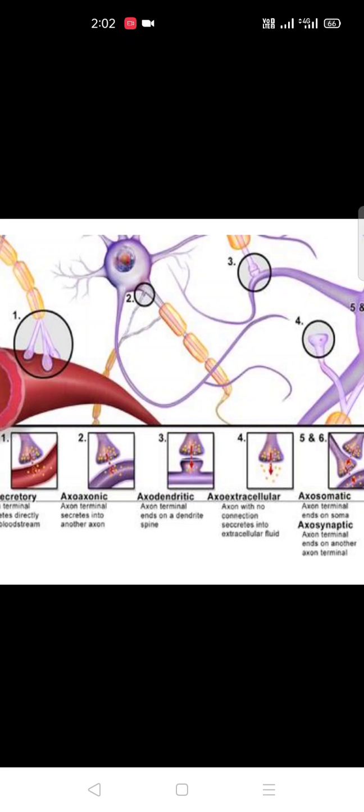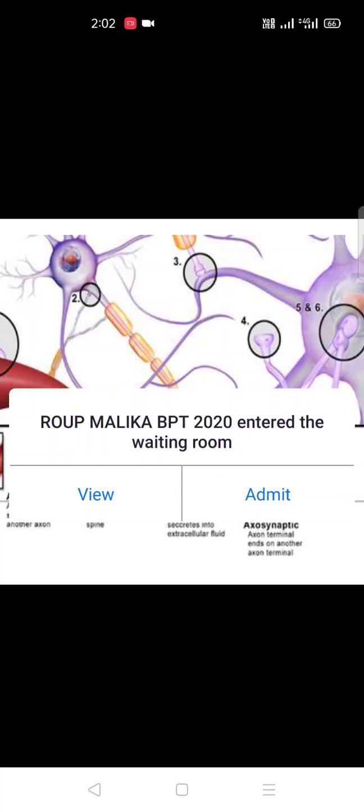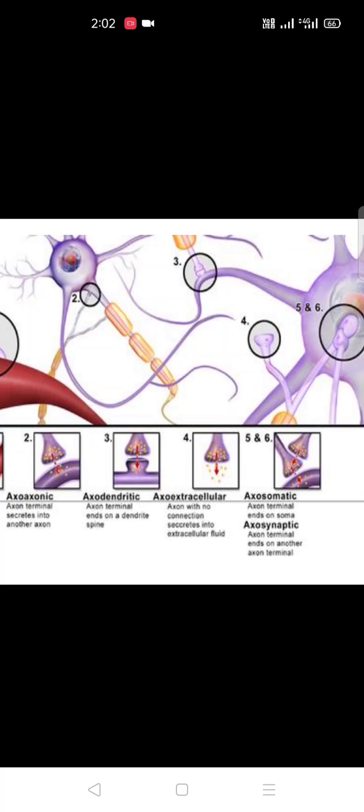If you see the third diagram, the axodendritic, the axon is getting connected with the dendron of the neuron. If you see the fourth point, axo-extracellular, see the fourth diagram, the lower part of the axon is being connected with the dendron of the neuron.